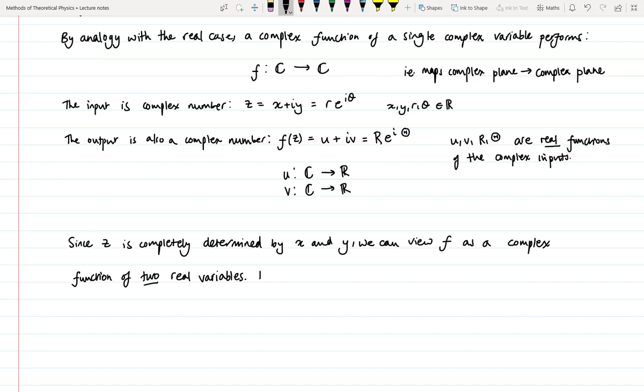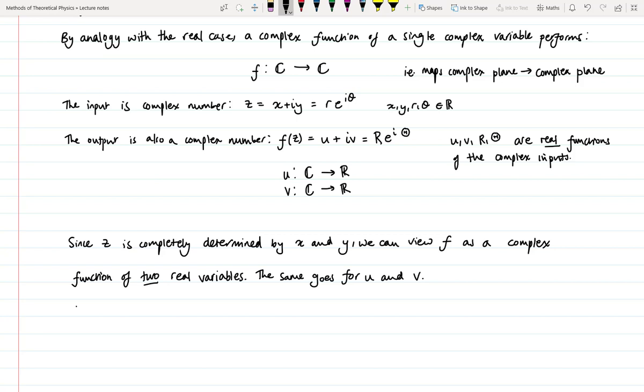The same also goes for the functions u and v. So the functions u and v, we've seen above, they take complex inputs and yield real outputs. And those complex inputs, again, can be described by two real variables.